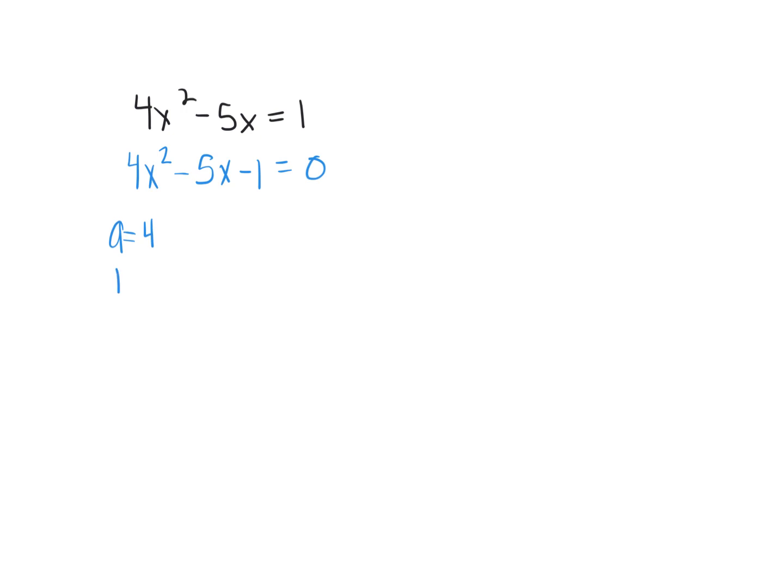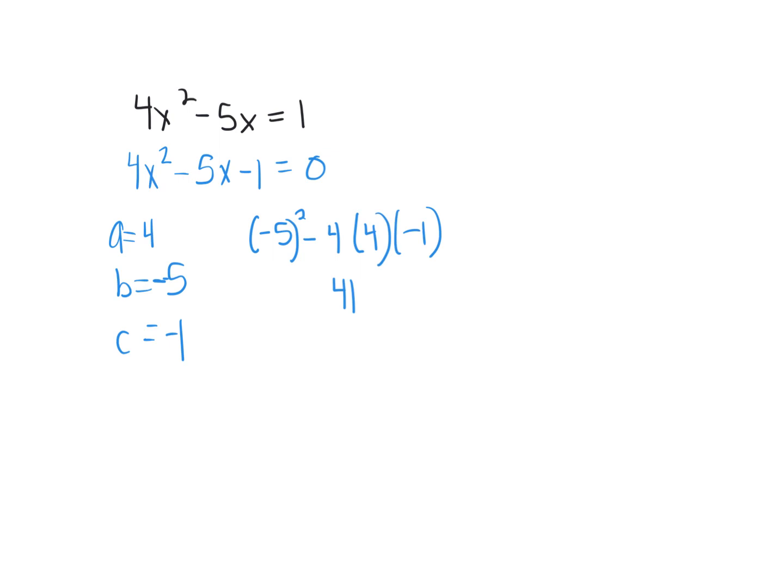So a is 4, b is negative 5, c is negative 1. If I go to do the discriminant, I have b squared minus 4 times a times c. That'll give me a discriminant of 41. A positive discriminant tells me keep going; there are going to be 2 x-intercepts.